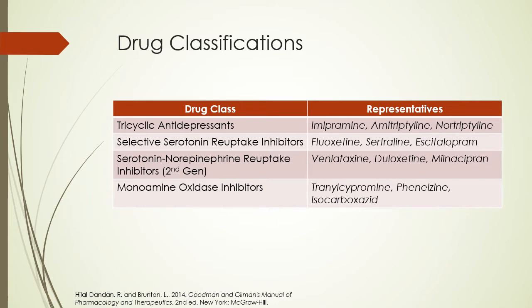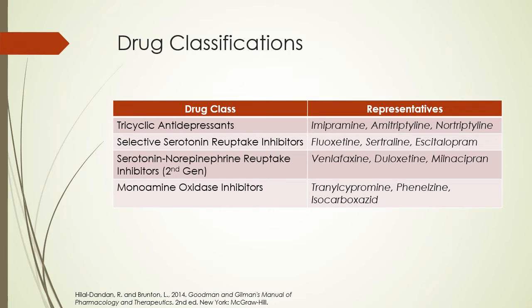Examples of selective serotonin reuptake inhibitors, which are first-generation antidepressants, are fluoxetine, sertraline, and escitalopram. So, the safest profile in these sets of SSRIs is escitalopram.